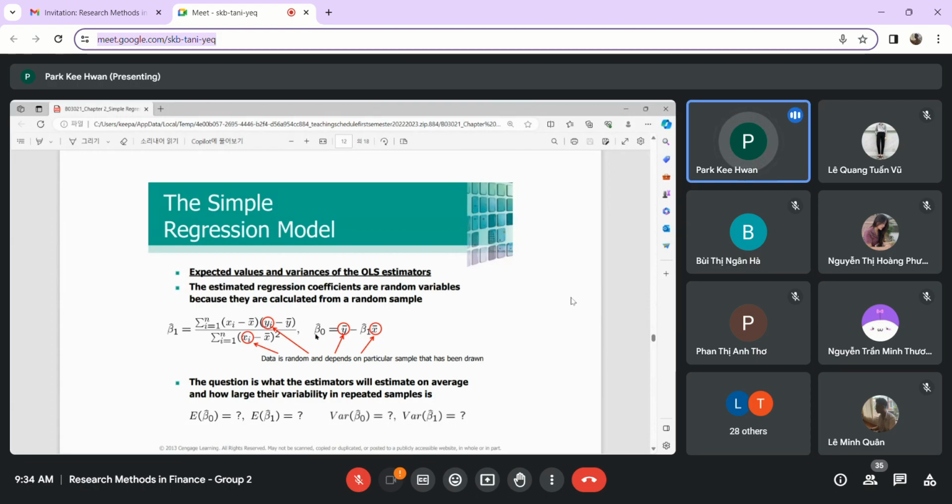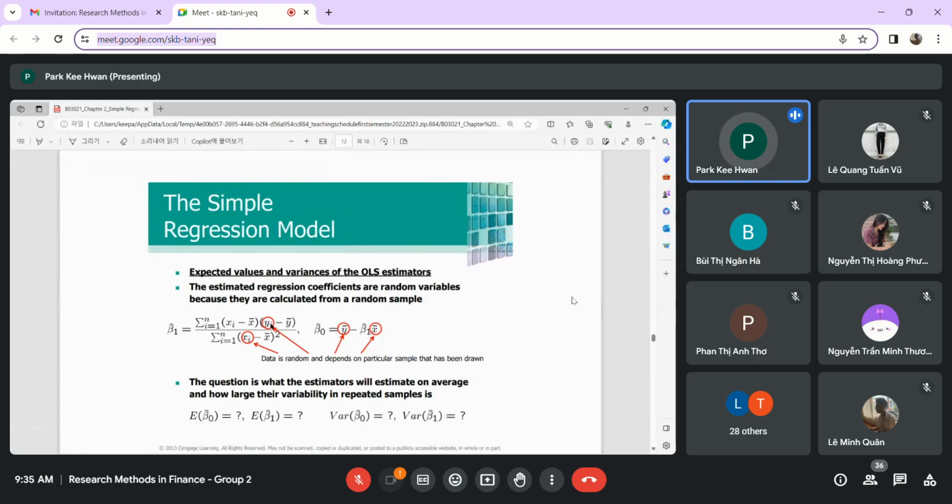If you look at the expression for beta naught hat, you have the xi, which is the observation from the random sample, and the yi is also an observation from a random sample.